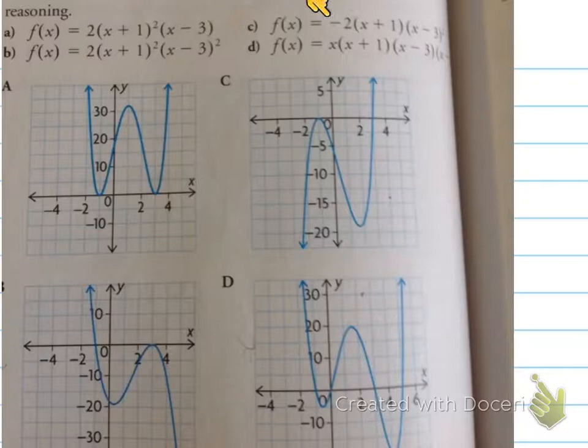Part C, you have this going on. So what is this? Well, negative leading coefficient, and you have (x + 1) and (x - 3) all squared. So at -1 is order 1, meaning there should be a line at -1, and at 3 it should be squared. So at -1 there's a line, but here there's a 0.